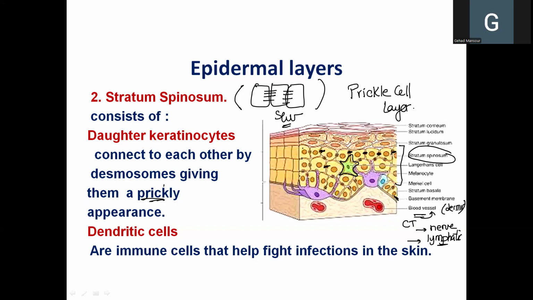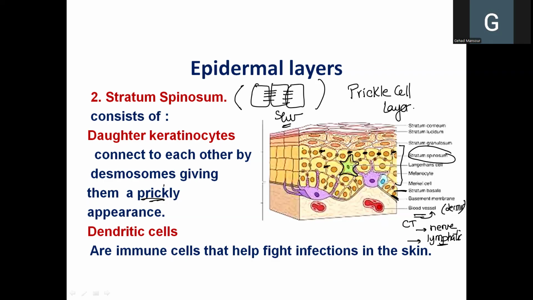And then we have this basement membrane, and then the germinative layer, or the stratum basale. The melanocyte is not clear on the diagram, but we have those Merkel's cells.